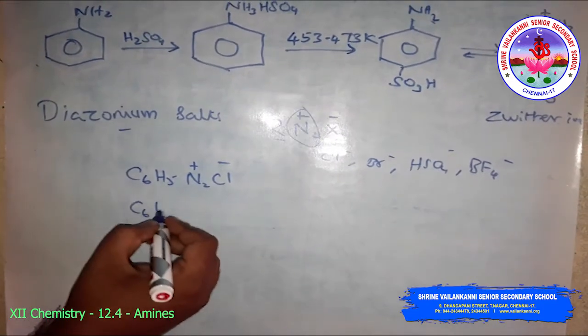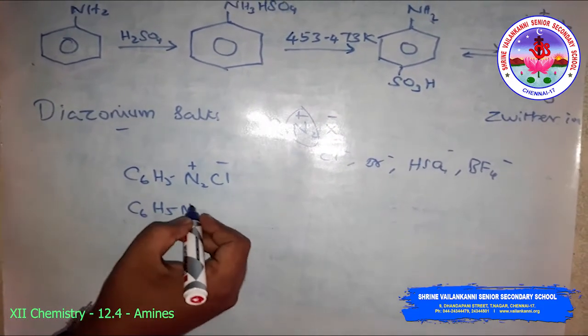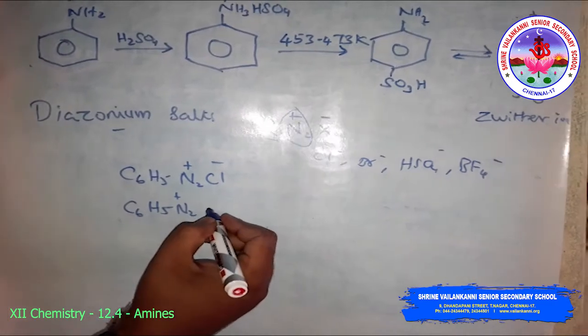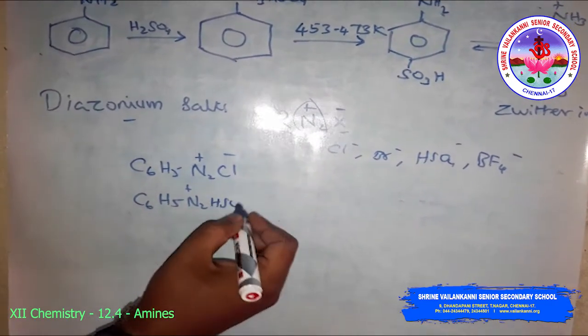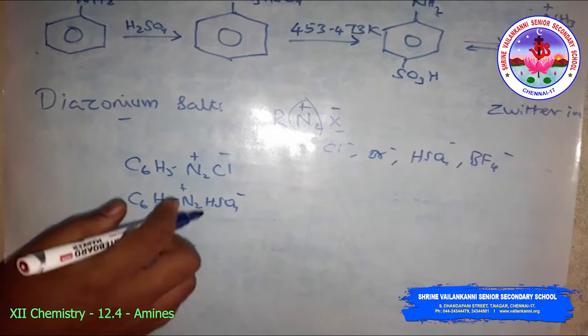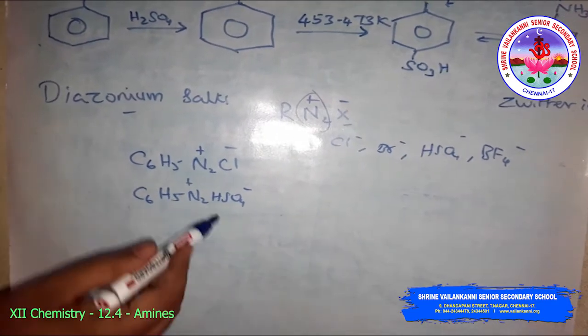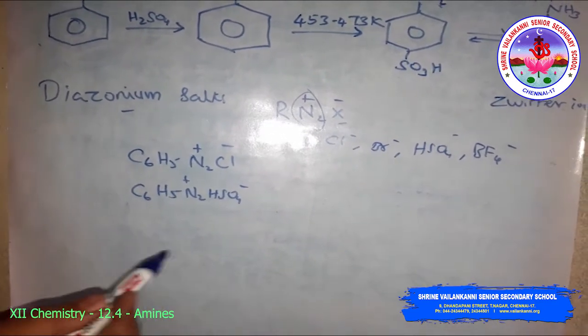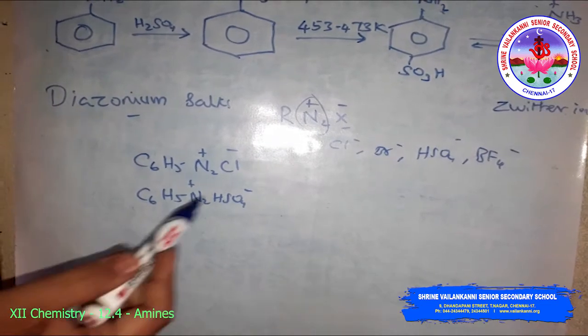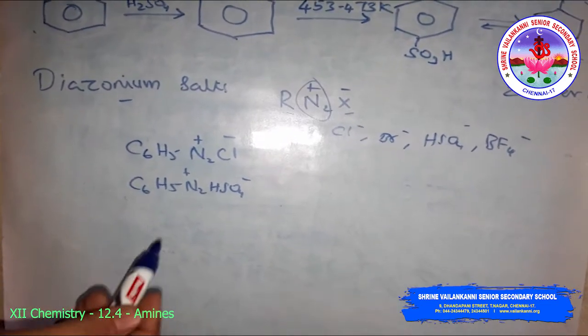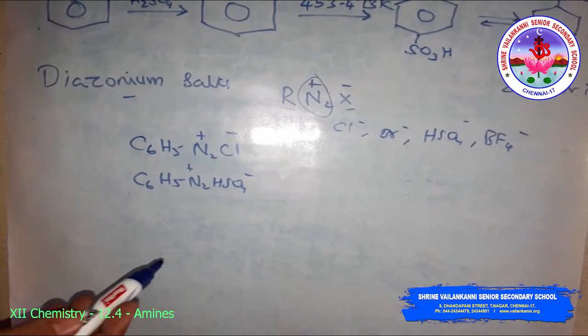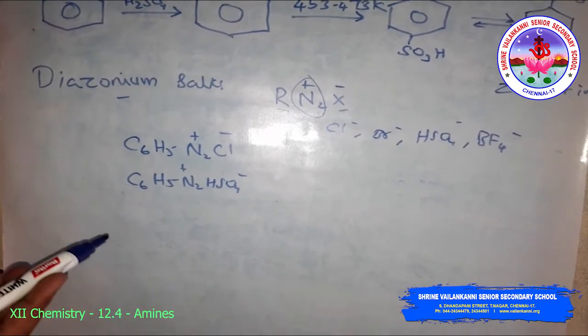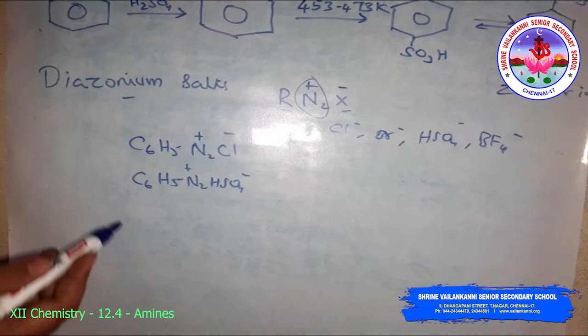Then the stability of the arene diazonium ion is explained on the basis of the resonance hybrid. So look at the resonance. This has a positive charge, and this nitrogen has a lone pair of electrons.